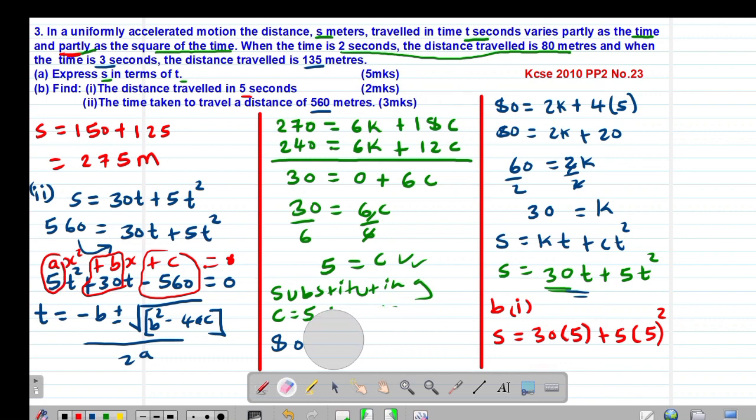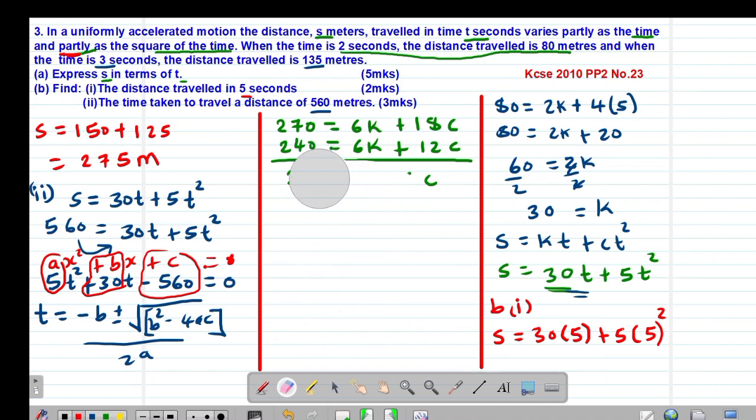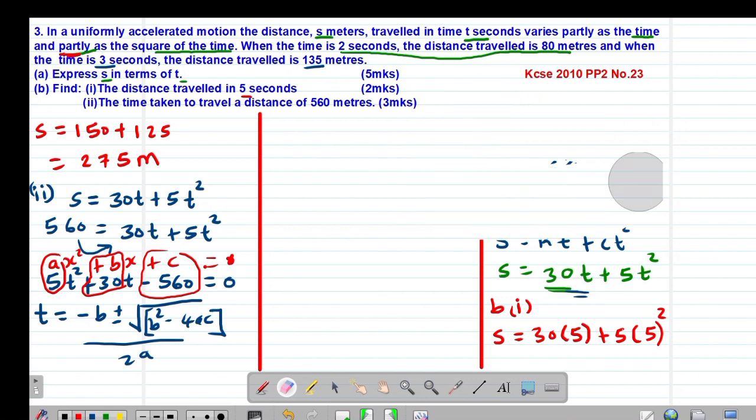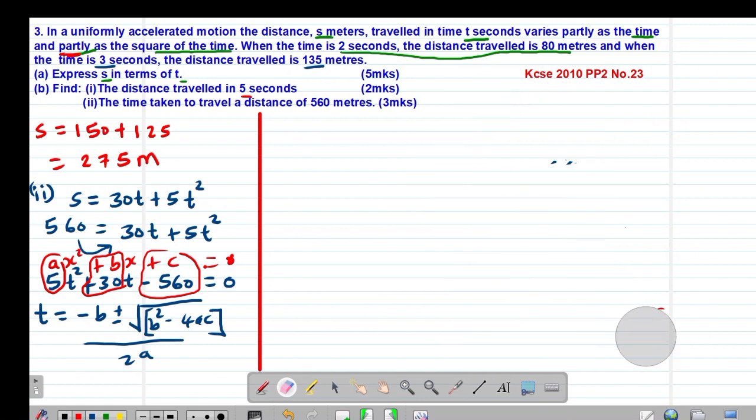Again, let me clean this area so that I can use it to perform my working. So I want to substitute the values in the quadratic equation. So I'm going to get t being equal to the following. Negative b will actually be negative 30, because the value of b is 30 clearly.